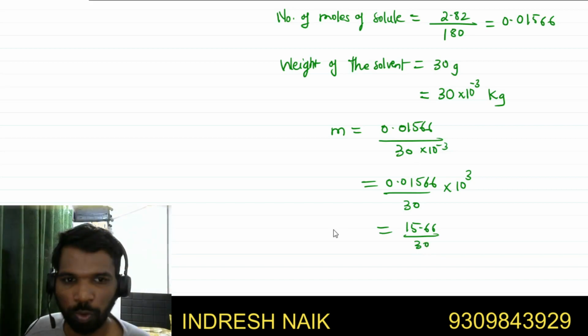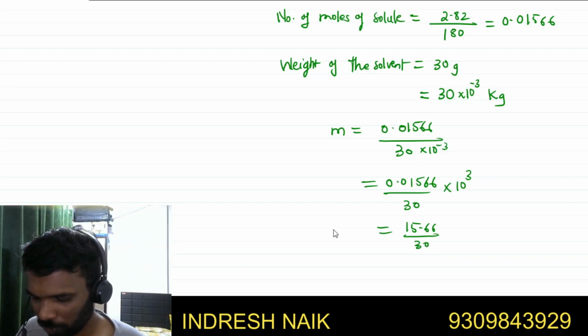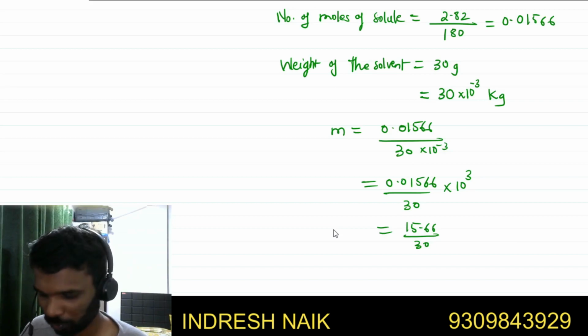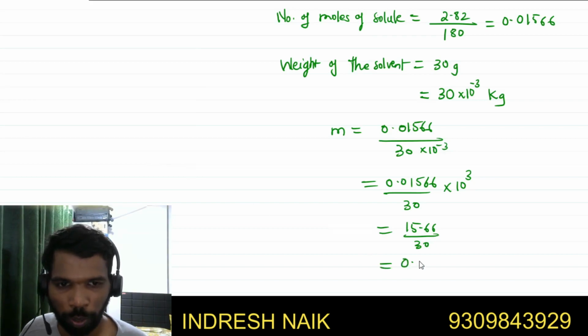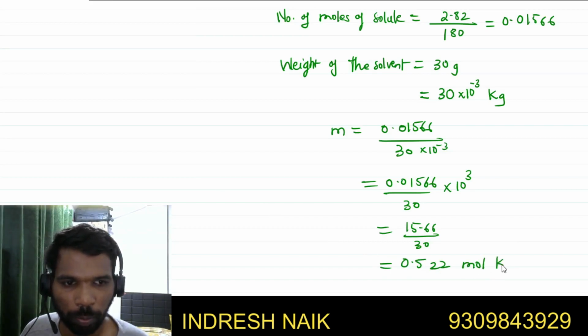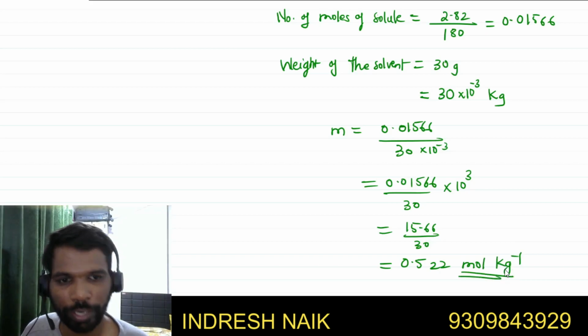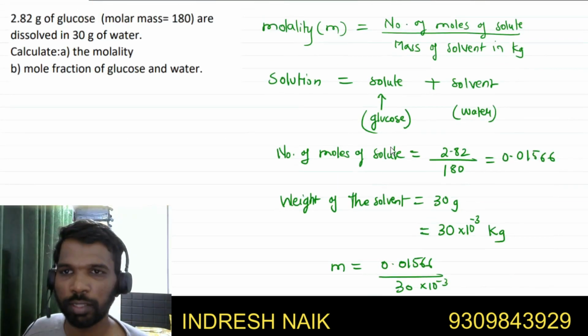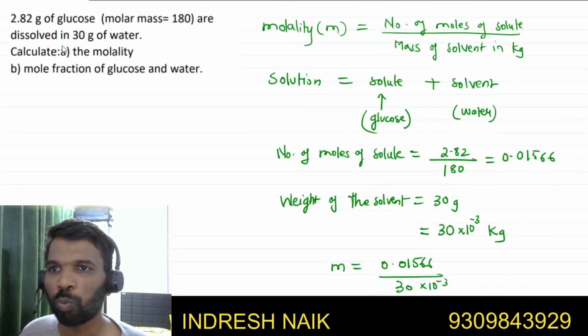Approximately the answer will come to 0.522 moles per kg is the unit. This is the molality.